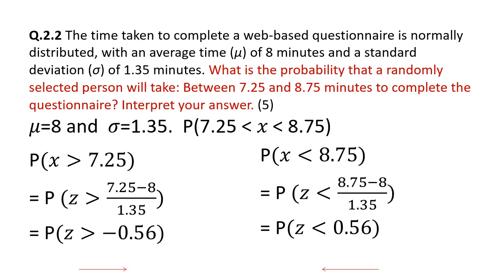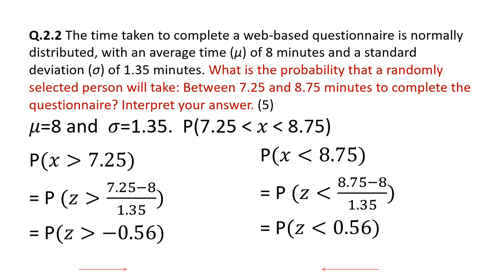Let's look at an example that you can see in an exam. I'm going to read that. The time taken to complete a web-based questionnaire is normally distributed with the average time mu of 8 minutes and the standard deviation of 1.35 minutes. What is the probability that a randomly selected person will take between 7.25 and 8.75 minutes to complete the questionnaire?